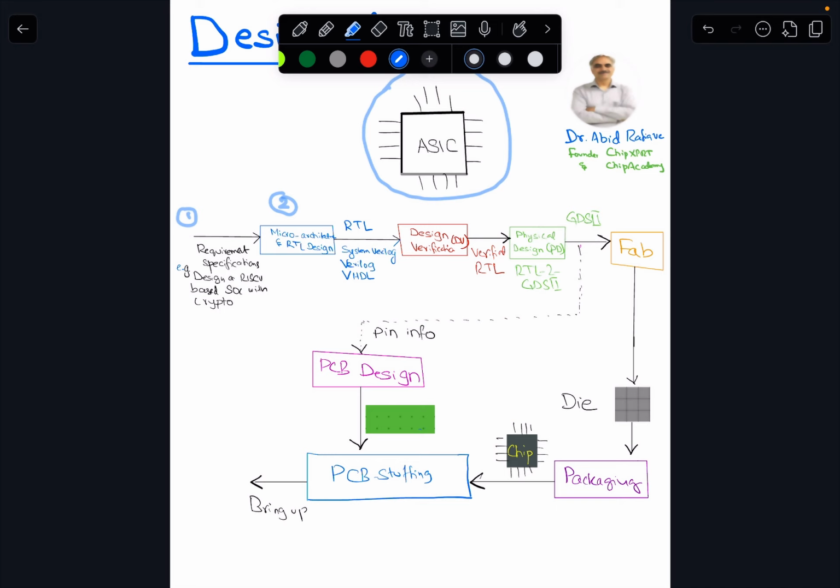Then this RTL is handed over to the design verification team, which performs verification at multiple hierarchies, starting with unit level verification, to the core level verification for different peripherals, and then the chip level verification combining the processor and the peripherals. So at the end we get a verified RTL.